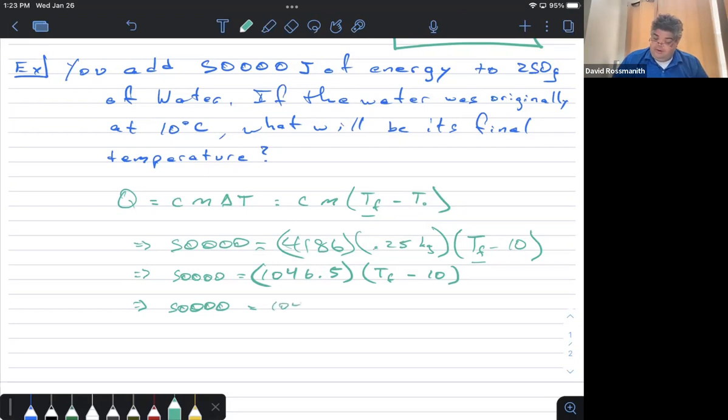So I get 1046.5 times TF, and then I multiply by the negative 10, minus 10465. So all I did was distribute the number times the TF and times the negative 10. And there we go.